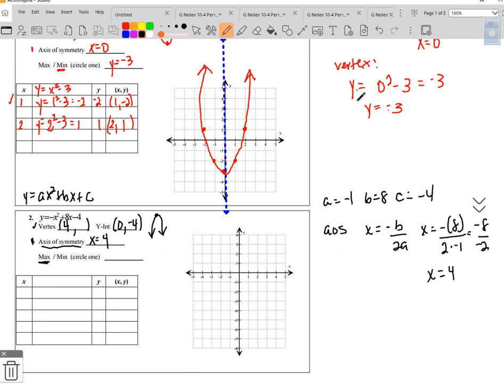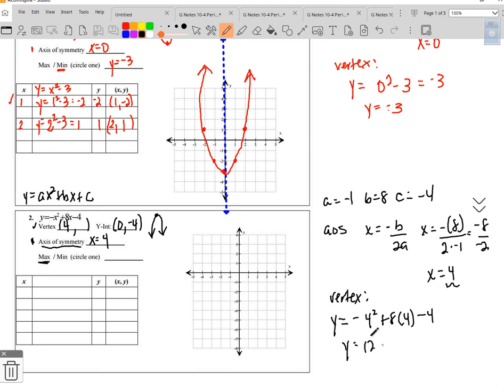So now, just like we did up here, to find our vertex, we're going to use the 4 and plug it in to our original equation. So y equals the opposite of x squared, so that's 4 squared, plus 8 times 4 minus 4. You can do that on your calculator, and you're going to get 12.